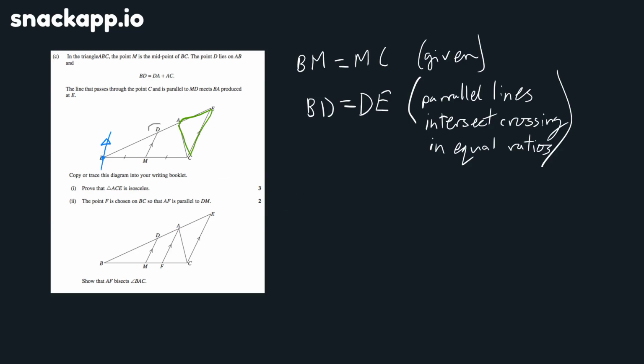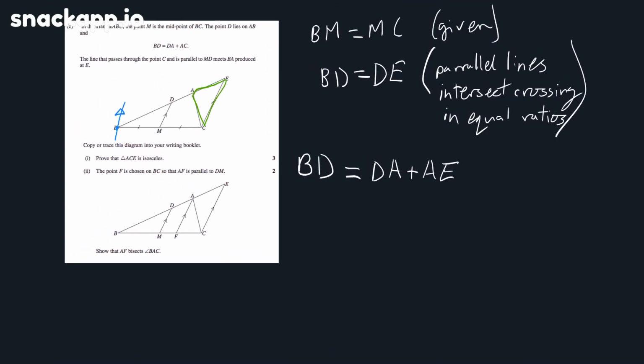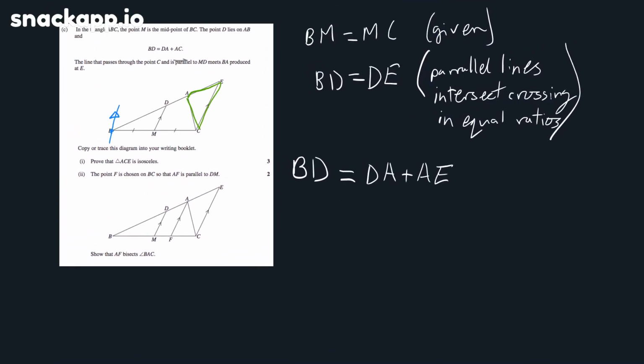Let's look at DE here. DE is equal to DA plus AE, and all of that is equal to this side here. So BD is equal to DE, like we said, and DE is just DA plus AE. The reason I was looking for this is because that looks a lot like this identity here.